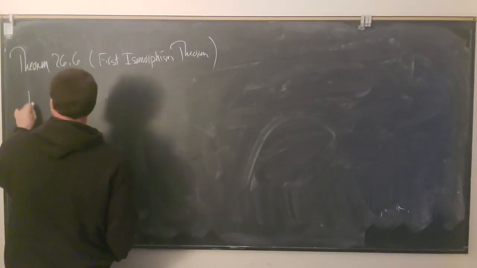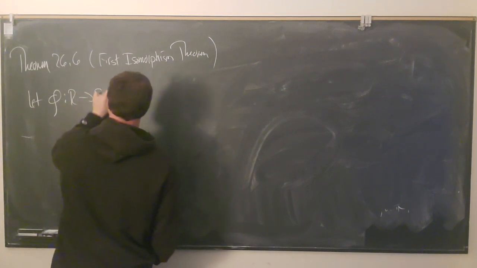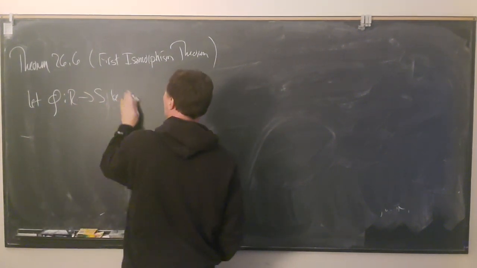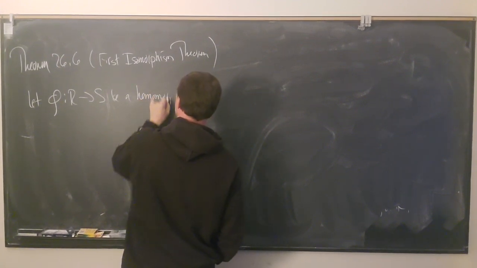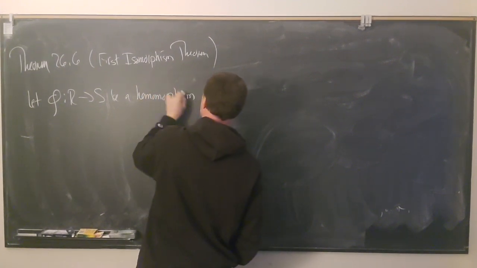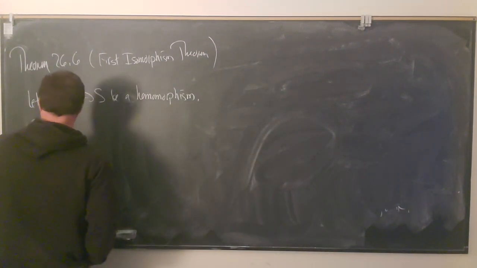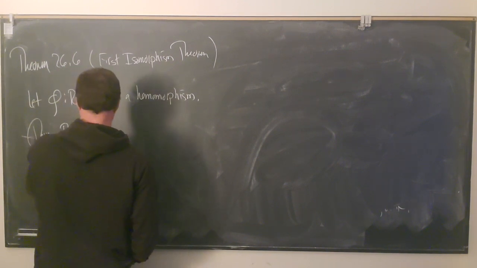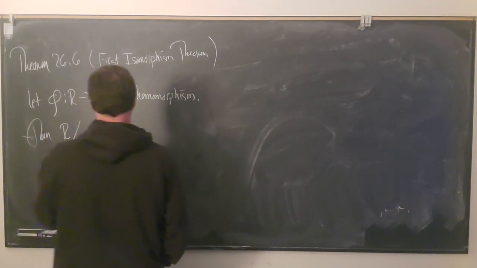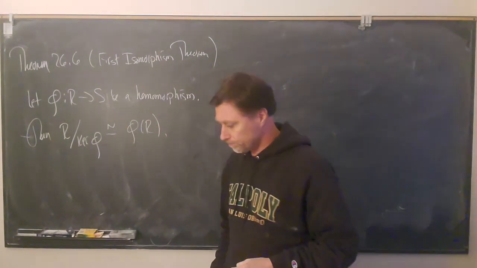So now let phi from R to S be a homomorphism. Then R mod the kernel of phi is isomorphic to the image of phi.